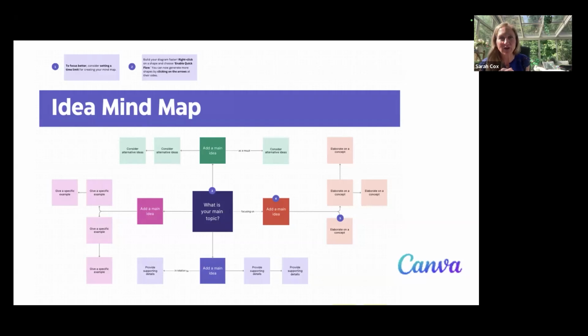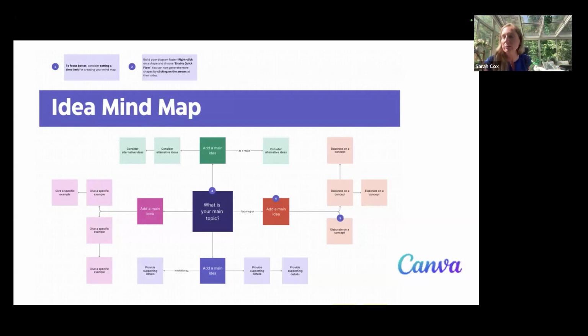You can generate more shapes by clicking on the arrows on the side. So not only are they helping you set it up, but they're also giving you tips and tricks about managing your own mental states and the physical interaction with the tool itself. So this is just one example of what is available on Canva.